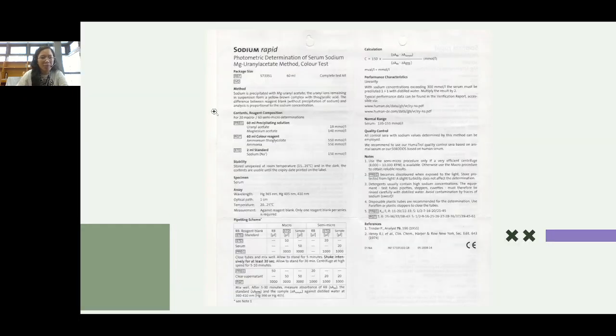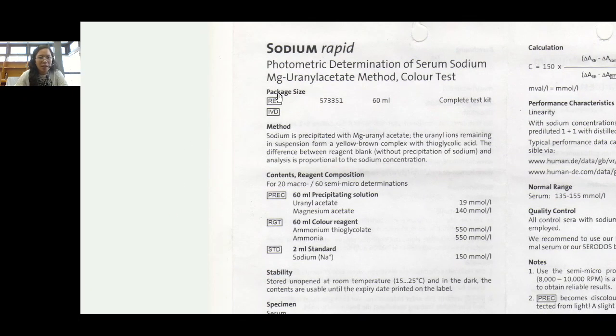Photometric determination of serum sodium, magnesium uranyl acetate method, and of course, it is a colorimetric test. Sodium is precipitated with magnesium uranyl acetate. Your uranyl ions remaining in the suspension will form a yellow-brown complex with thioglycolic acid. So that is what we mentioned earlier in terms of our magnesium uranyl method.